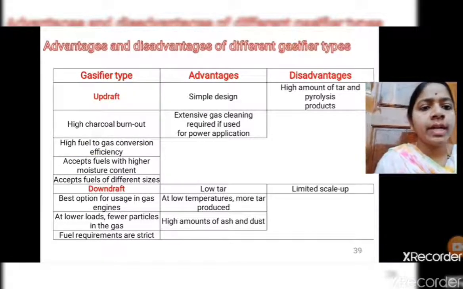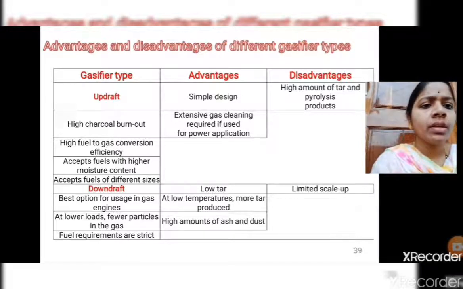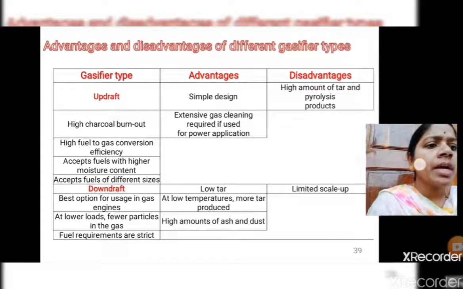We have seen in the feed characteristics that the updraft gasifier can accept less than 50 percent moisture content, right? So the advantage is that the updraft is very simple, and the disadvantage is the high tar that comes along with the producer gas.